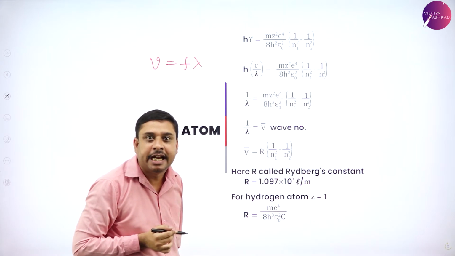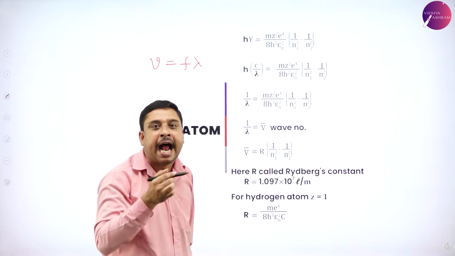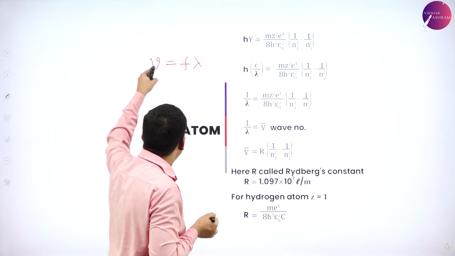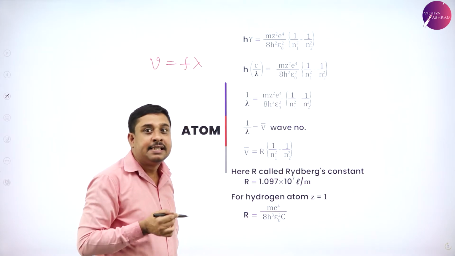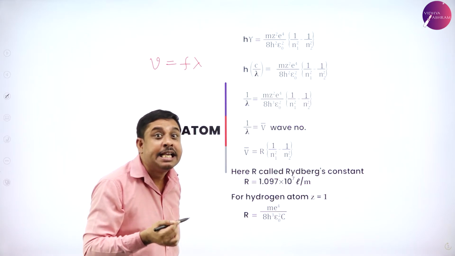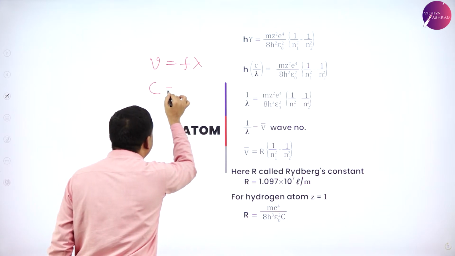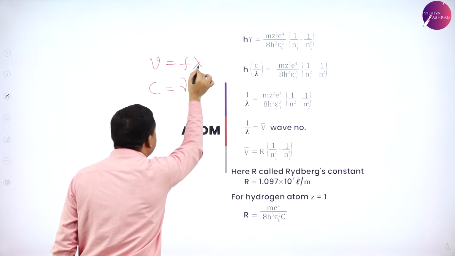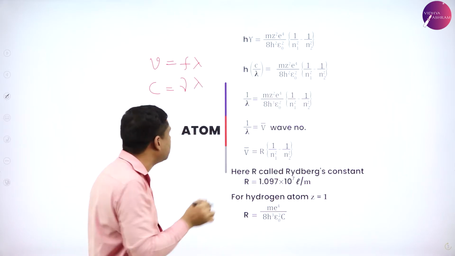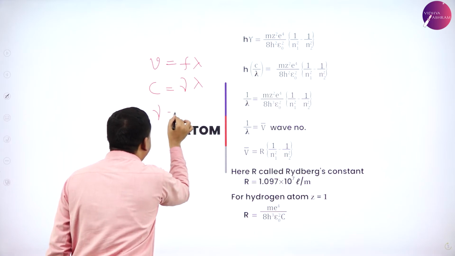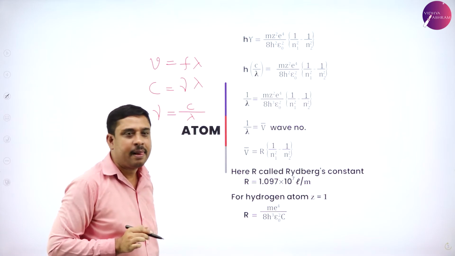In 11th standard you have studied the relation between wave velocity and wavelength, v equals f lambda. Similarly, for an electromagnetic radiation, the speed is c, the frequency is nu, and lambda is kept as it is. So here, nu becomes equal to c divided by lambda.